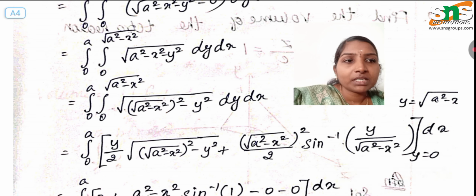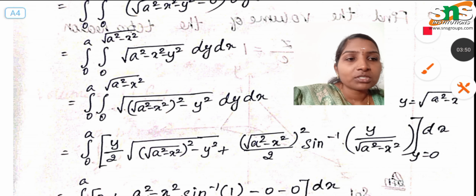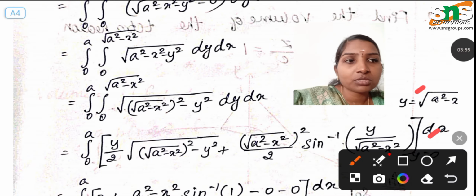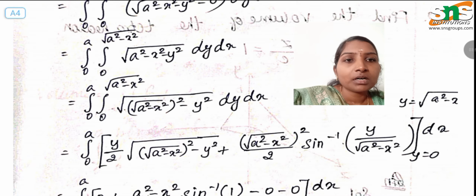So on implementing it in the formula for integration, we will have y by 2 root of a square minus x square the whole square minus y square plus root of a square minus x square the whole square by 2 into sine inverse of y by root of a square minus x square within the limit y is equal to 0 to y is equal to root of a square minus x square. So this is how we integrated.